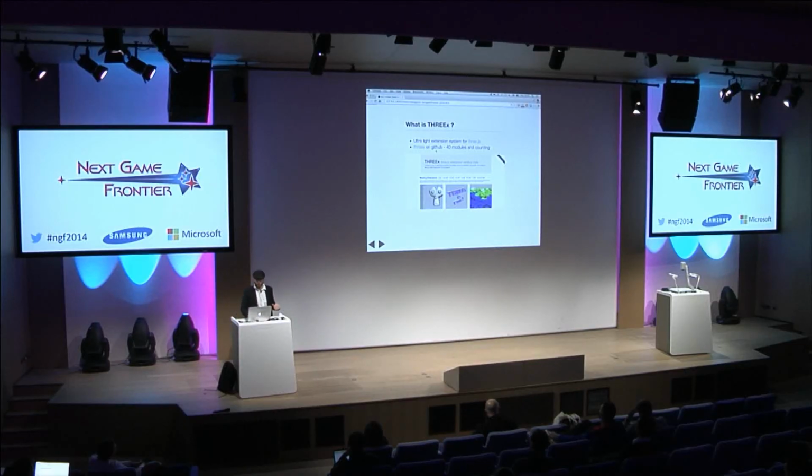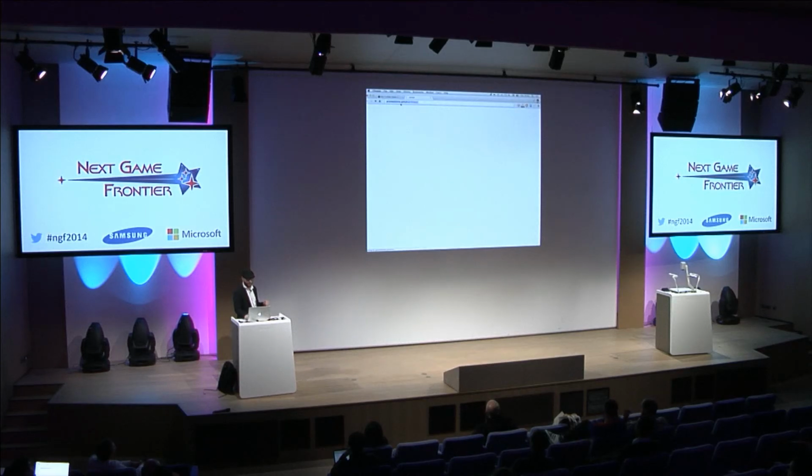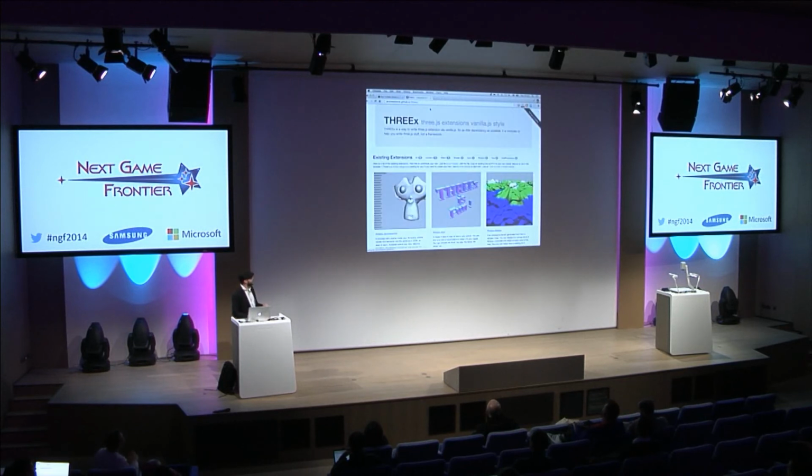So currently, 3x extensions are the following. Is internet nice with me? Be nice. If internet is not nice with me, we're going to have trouble. Come on. It's working. Excellent.